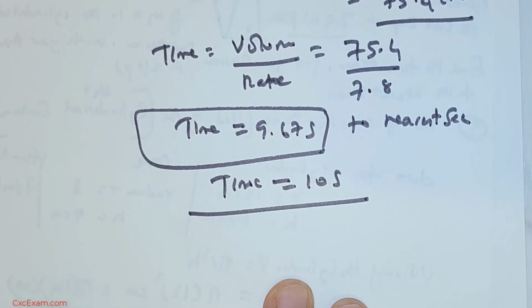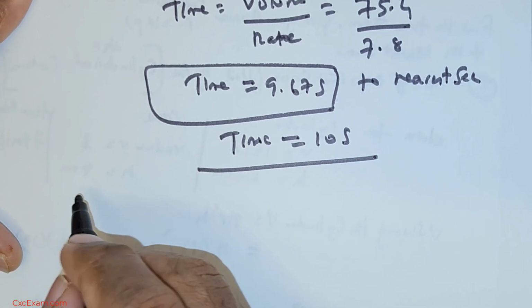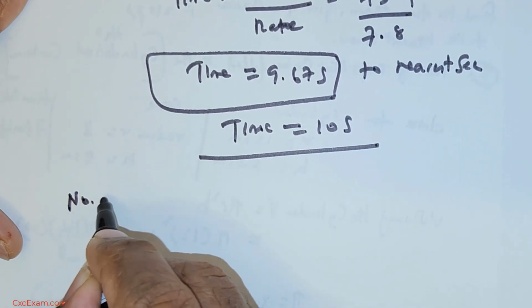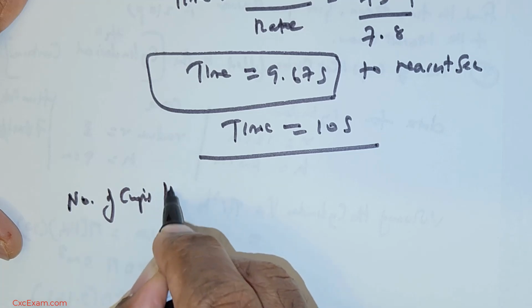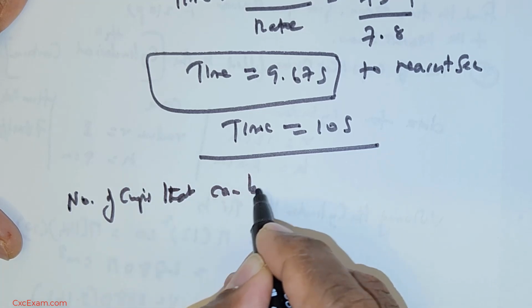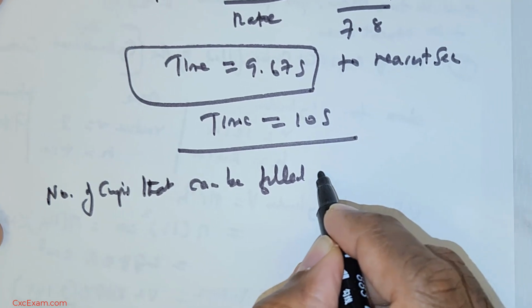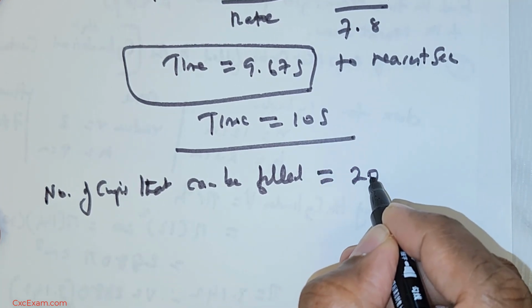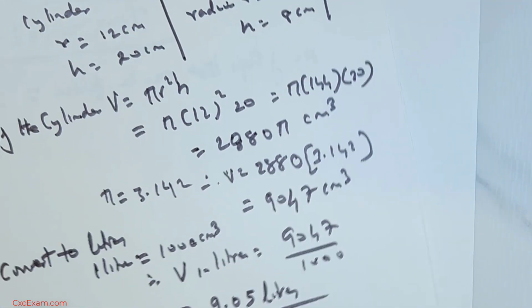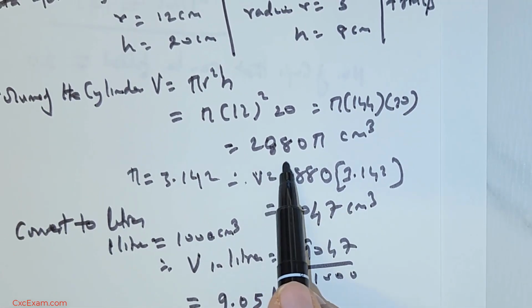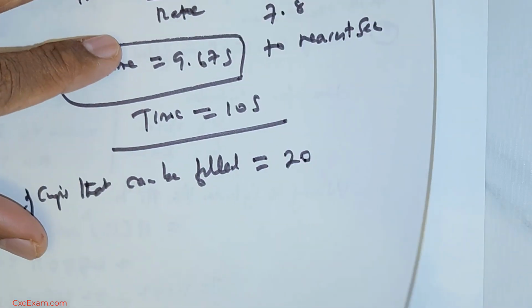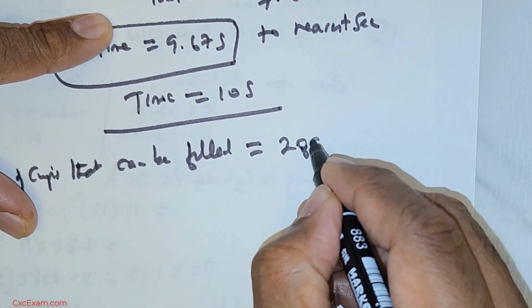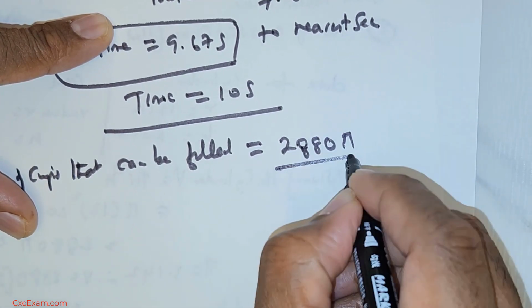Okay, now they are asking us to find the number of cups. Okay, number of cups that can be filled. Now initially we got this is the value we got, 2880 pi. So this is the water, that is volume of water contained in the cylinder is this.